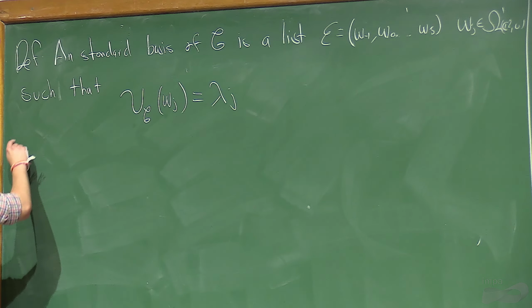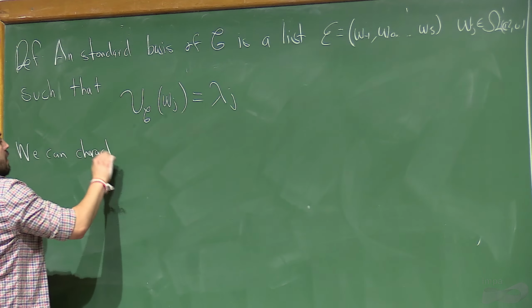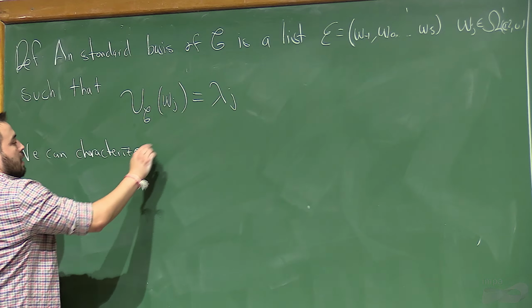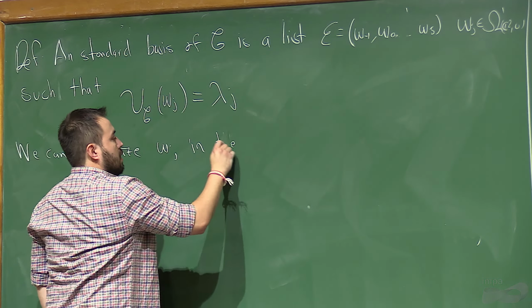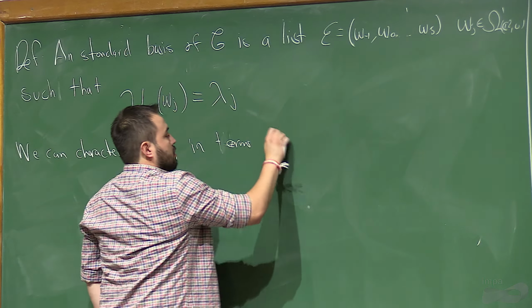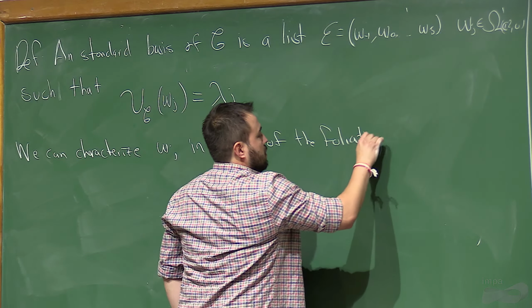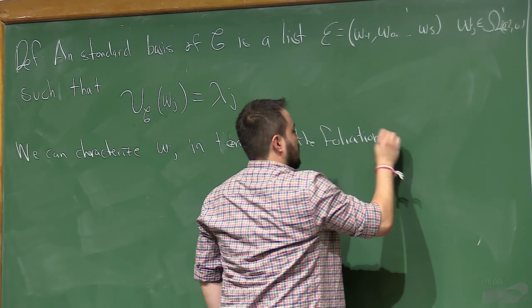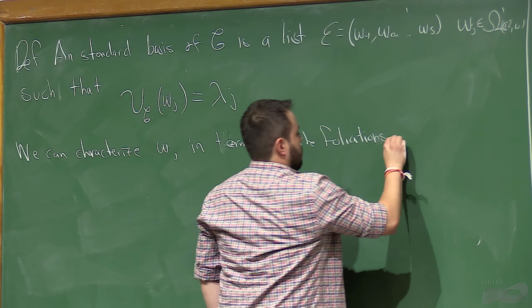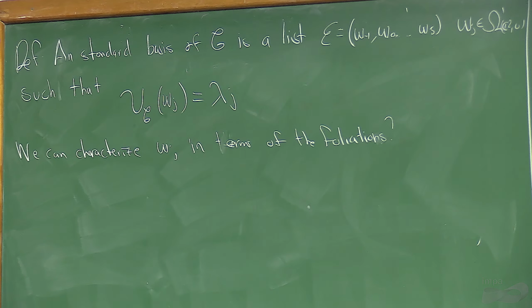So the question is, we can characterize omega j in terms of the foliation defined by, in terms of the foliations. I'm going to explain what I'm thinking about this.